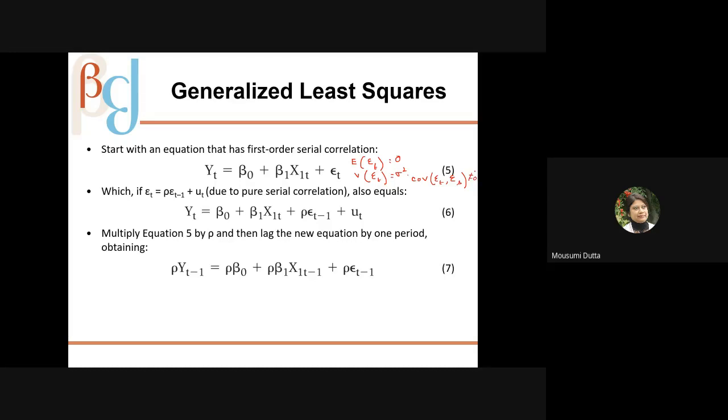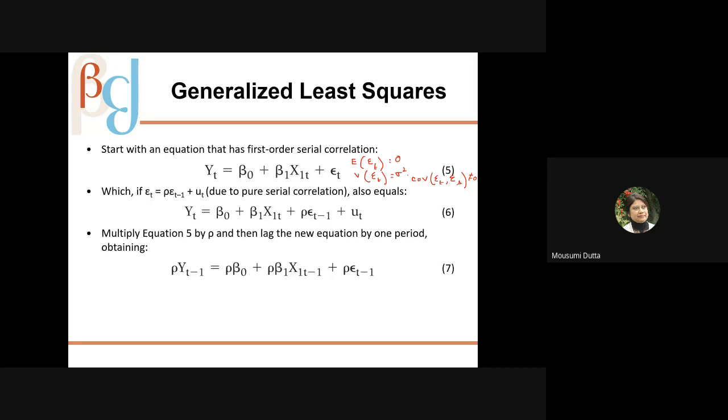If I write the assumptions, I hope nobody will have any confusion. Epsilon t is autocorrelated. The covariance between epsilon t and epsilon s is not equal to 0.